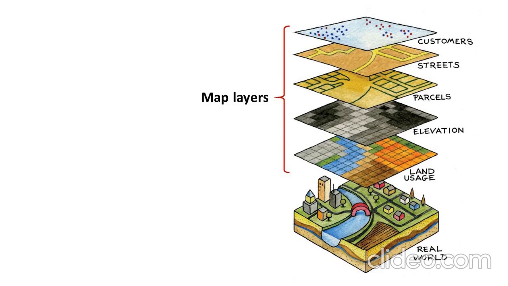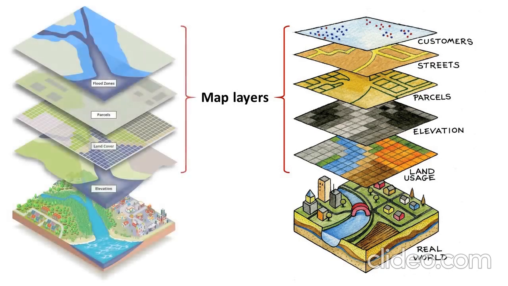A layer containing a road network and a layer containing the locations of customers of our interest. Depending on the objective of data analysis or visualization, these layers are selected and innovatively used to produce the desired map products. Here is another example of map layers.